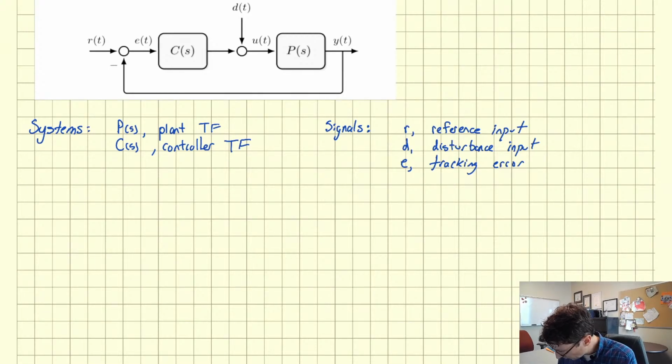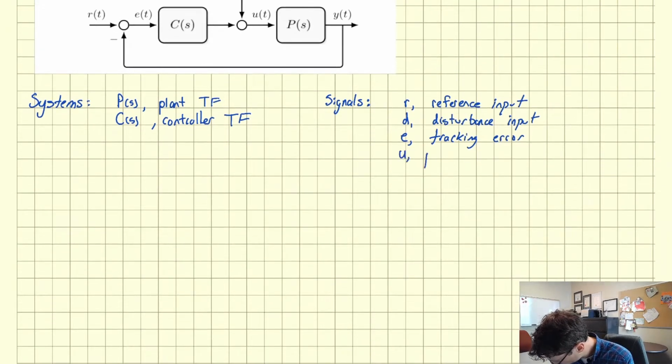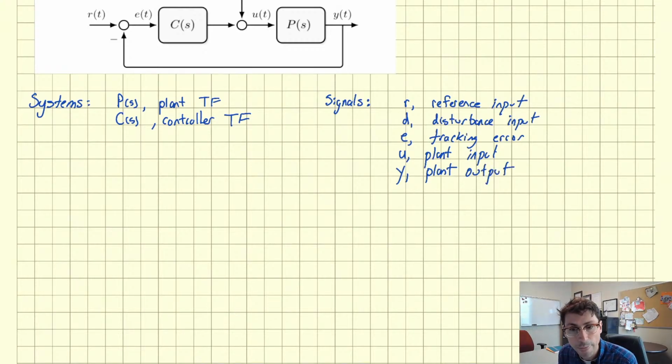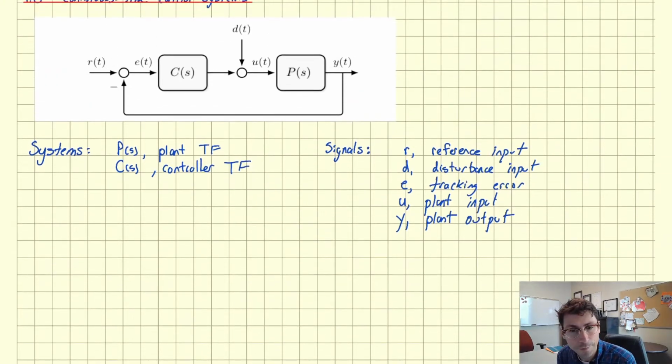Okay, U is the plant input, and Y is the plant output. Okay, and I just want to reiterate that of these signals, when you look at this block diagram, once you've designed the controller and once you hook it up in this way, the only external influences on this system are coming through the reference and the disturbance.